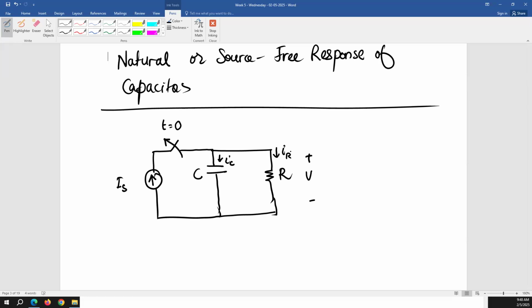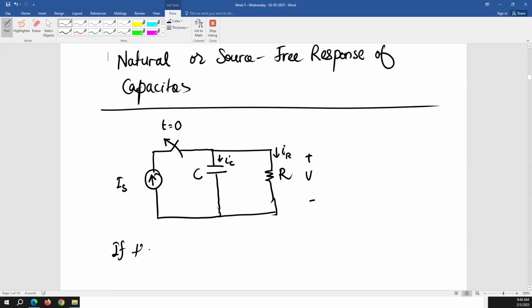If the circuit is running for a very long amount of time, the capacitor is fully charged, what is going to be the voltage across the capacitor at that time? Same voltage drop across the resistor, and that voltage we can calculate as IR times R.